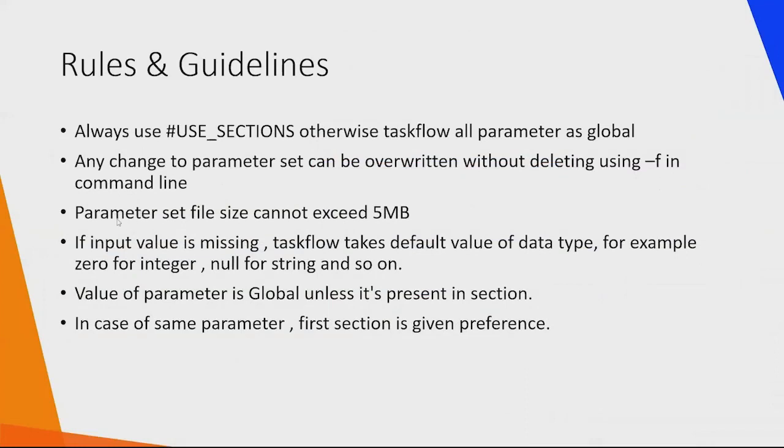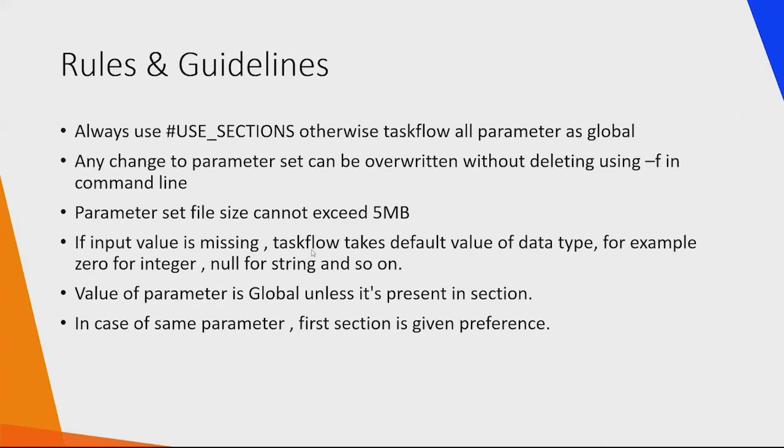There is one limitation: the parameter set file size should not exceed 5 MB. So that is another thing that we have to take care of. And in case there is some parameter and you don't provide the input value for that, then by default the task flow will take the default value of whatever data type it belongs to.